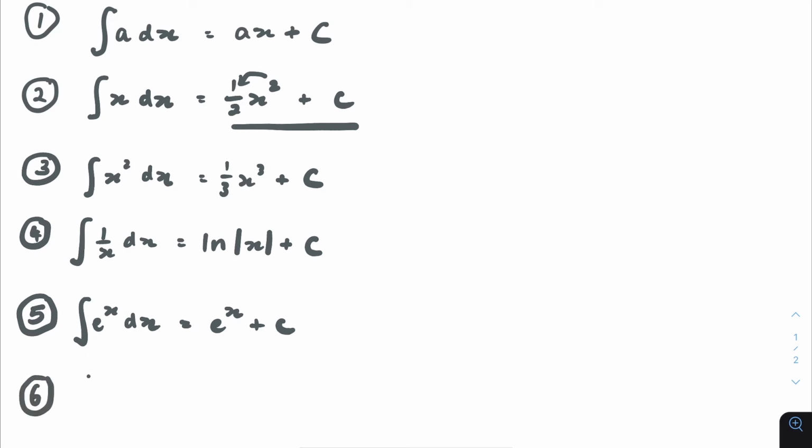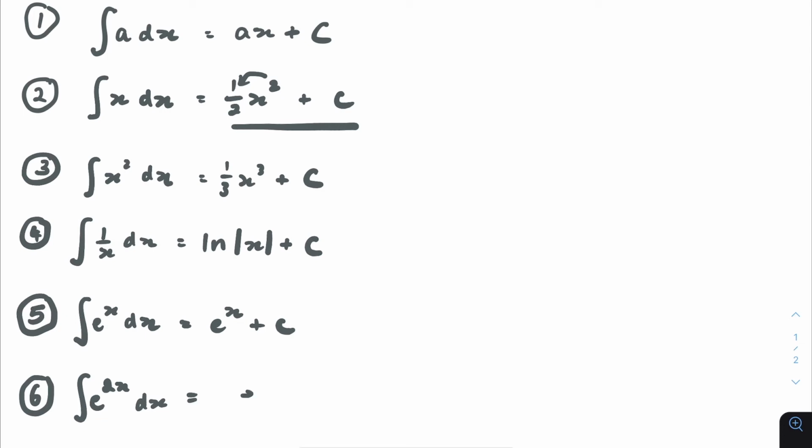However, rule number 6 is that if you have e to the power of 2x, for example, you would first need to realize how e to the power of 2x works.